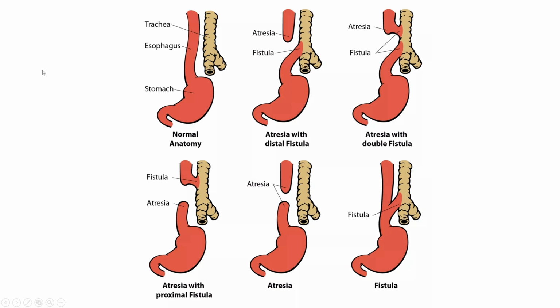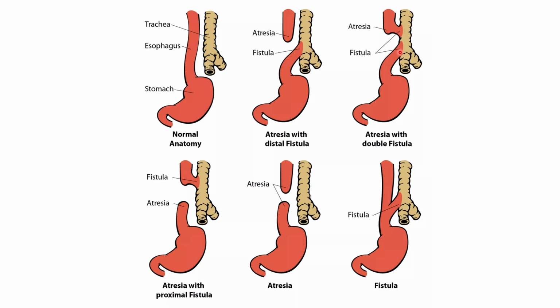Actually, there are different types of it. So this is the normal case. The esophagus goes to the stomach. The trachea is alone. This is the atresia with the distal fistula. Here is the pouch, the atresia, and here we have a fistula. Here we have a pouch with a double fistula.